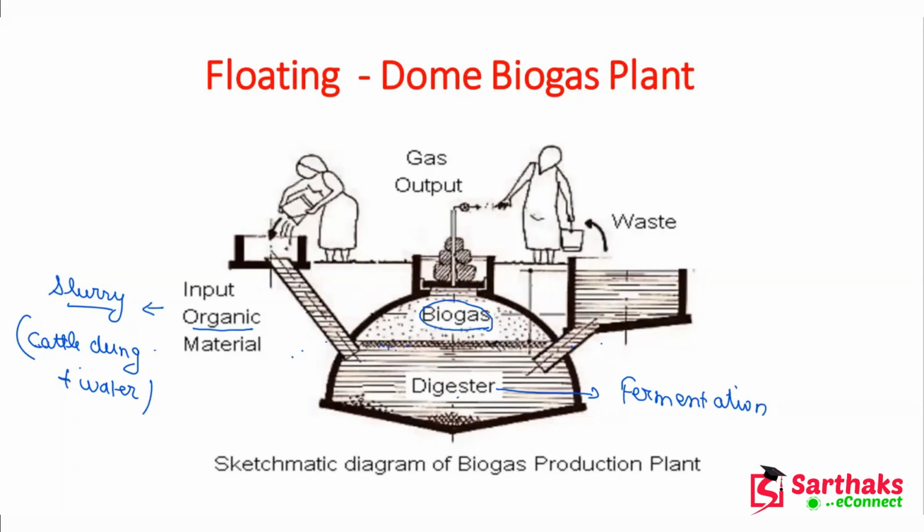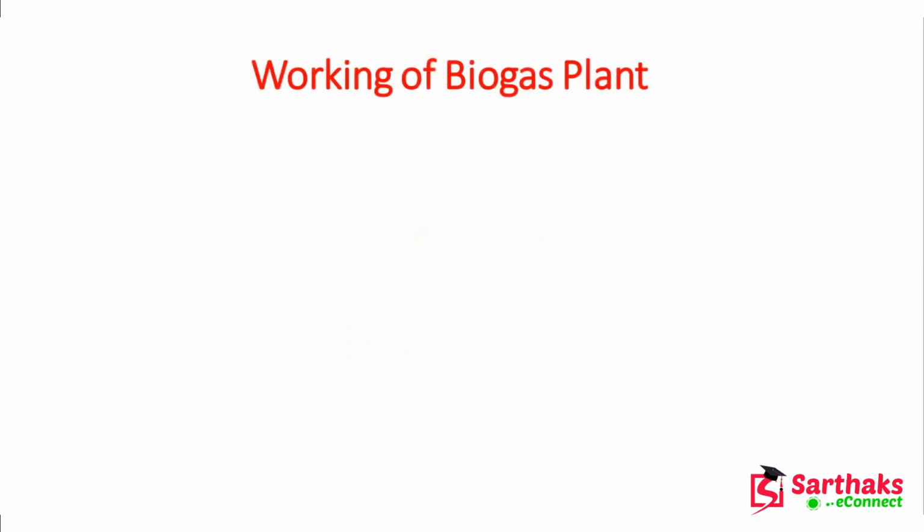It is very important to know how biogas is made: it is made by anaerobic fermentation of cattle dung and water. Now we are going to look at how this biogas plant works. As we can see, there is a gas holder, which is made of steel.